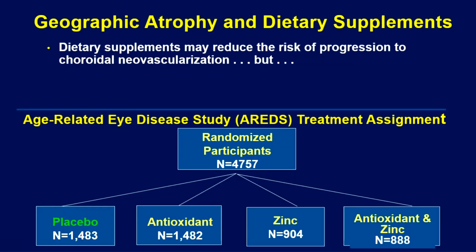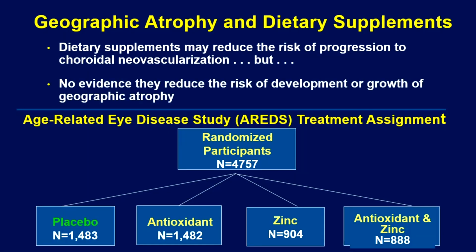These dietary supplements were shown to reduce the risk of eyes that had large drusen from progressing to choroidal neovascularization. But most importantly, there's no evidence that these dietary supplements reduce the risk of developing geographic atrophy, or in those eyes that had geographic atrophy, there's no evidence that they reduce the risk of further growth of that GA.